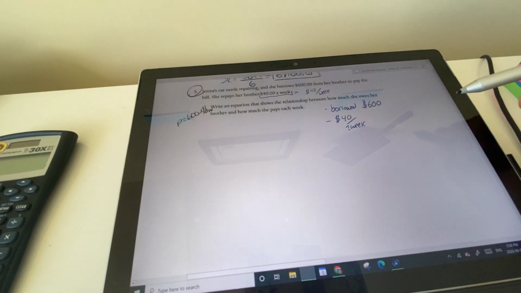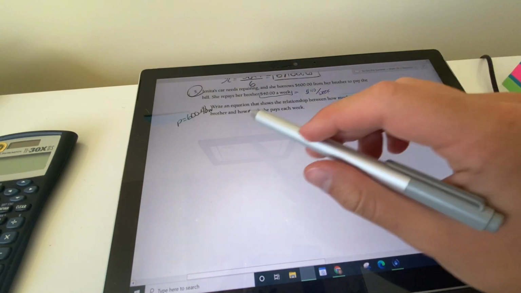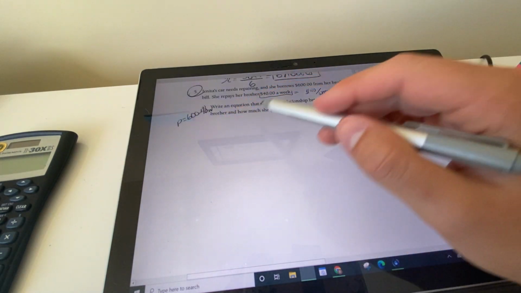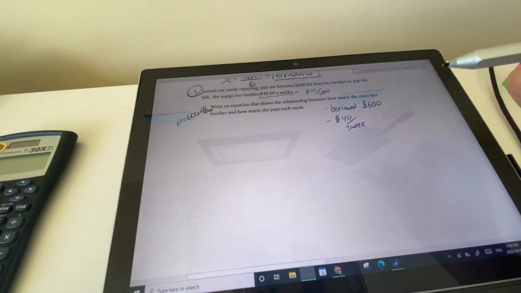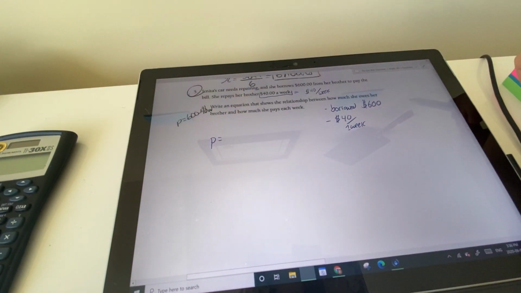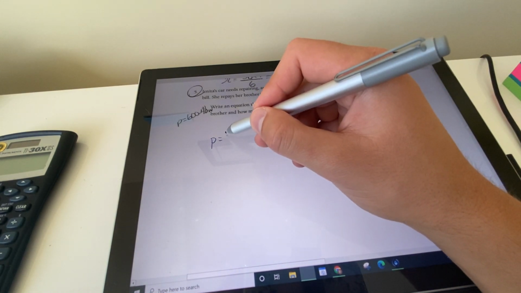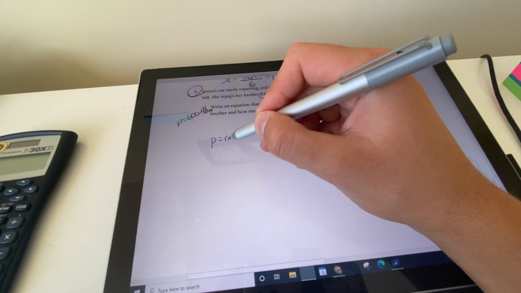So there is actually a really useful thing. We can write this equation. I'm going to write out variables and explain what these variables mean. I'm going to write P, and P is going to represent the remaining amount she owes her brother.